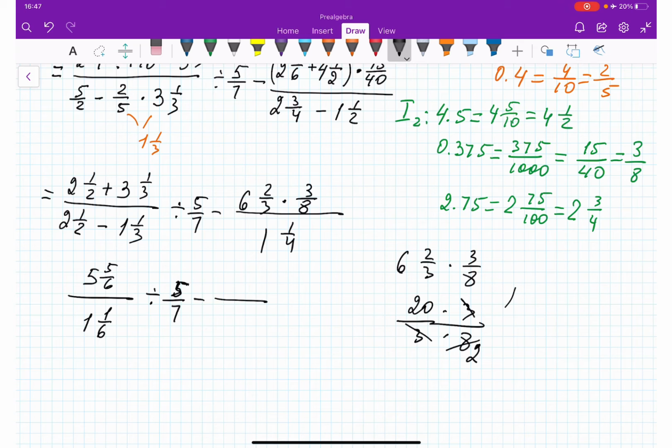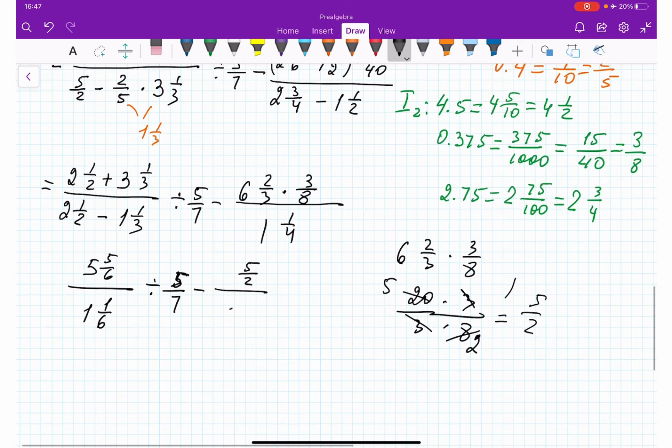It's going to be 5/2, right? I'm going to leave 5/2 because I have to do division anyway. Okay, and 1 and 1/4 converting into an improper fraction because we need to do division. 1 times 4 is 4, plus 1, it's going to be 5/4. Okay, it's positive.